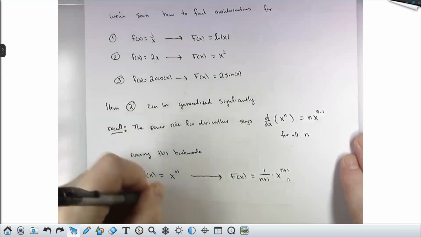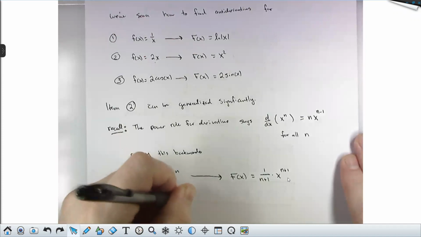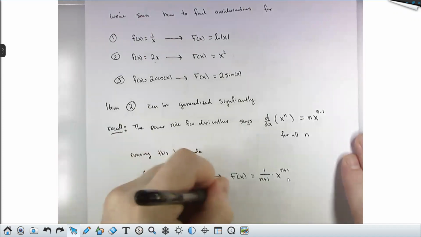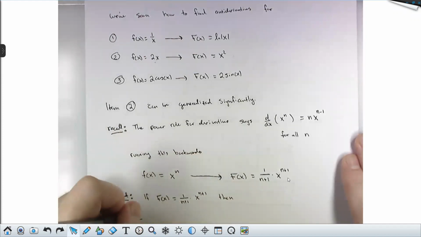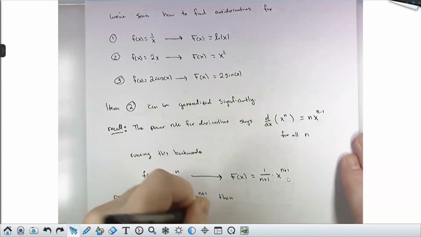If capital F of x is 1 over n plus 1 times x to the n plus 1, then capital F primed of x is d dx of 1 over n plus 1 times x to the n plus 1.